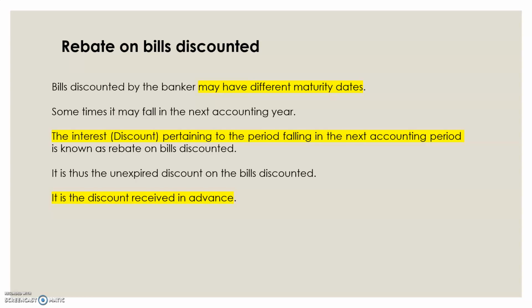The interest pertaining to the period falling in the next accounting period is known as rebate on bills discounted. So this is just like unexpired discount on the bills discounted, and it is a discount received in advance.